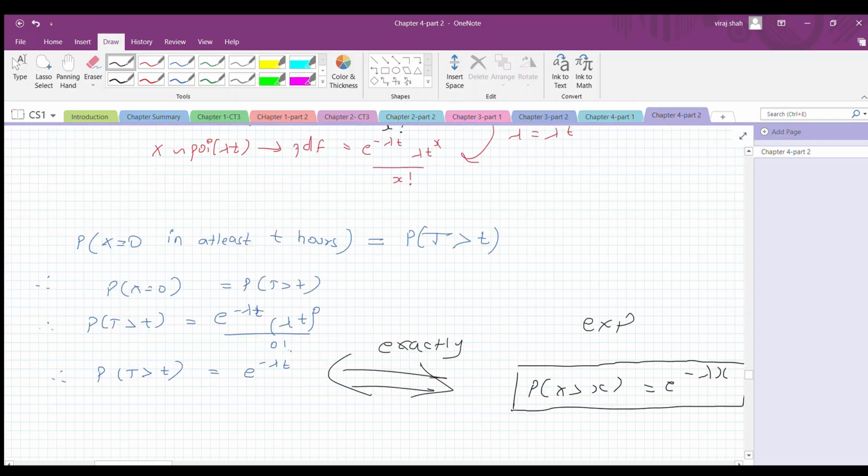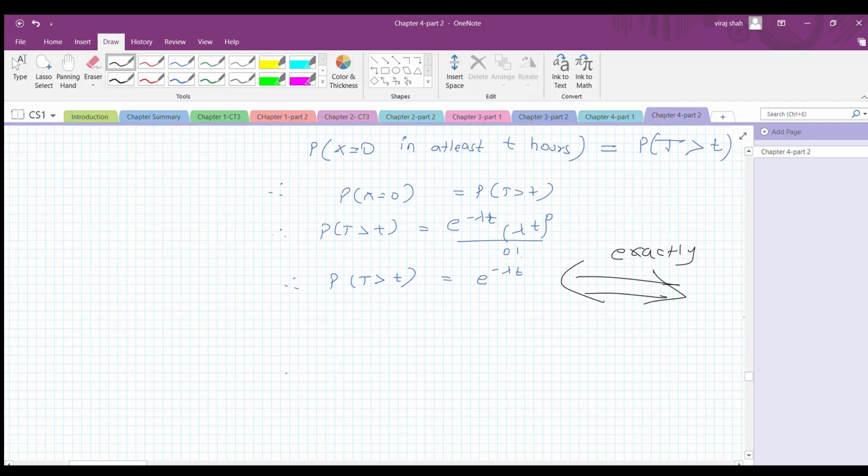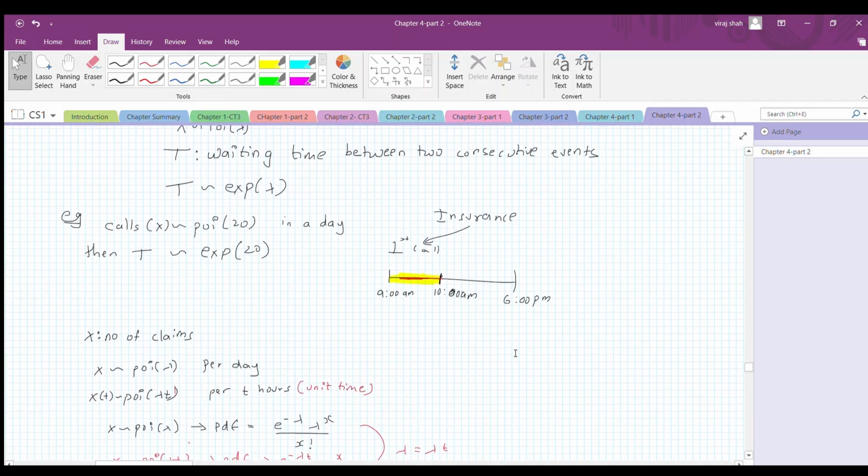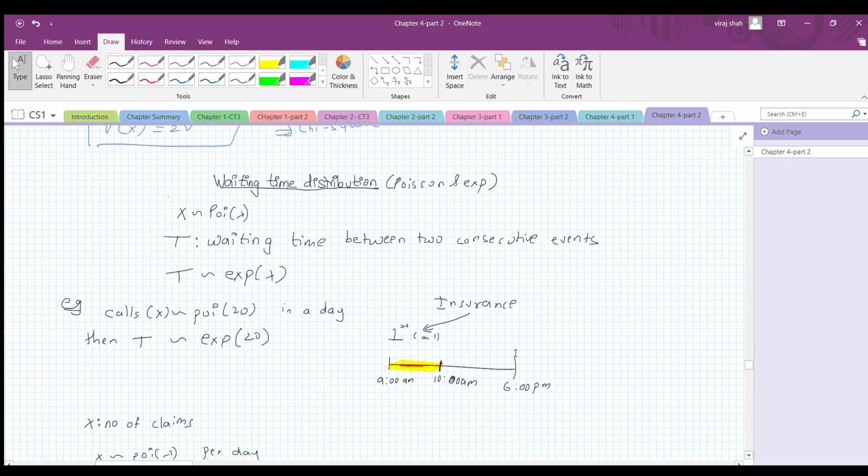So I can say now that my waiting time follows exponential distribution. Okay, this was my waiting time. Basically, I stated what my waiting time is.